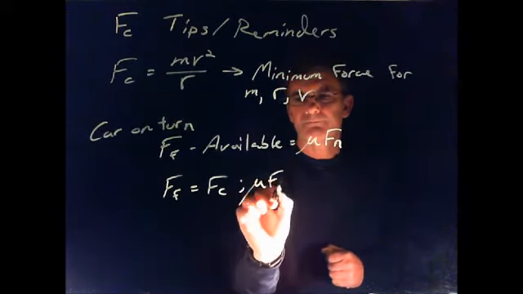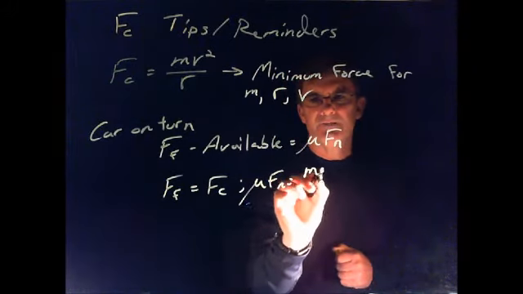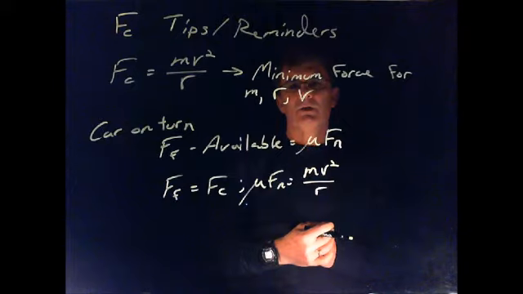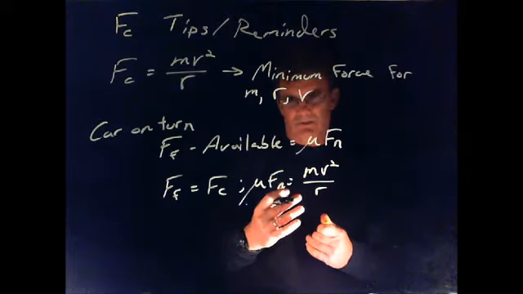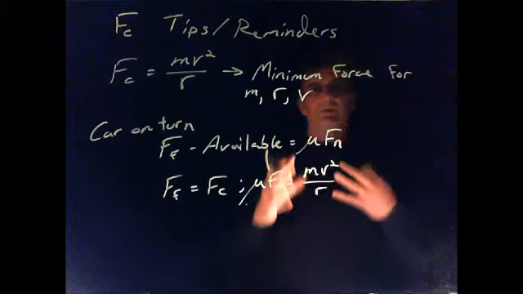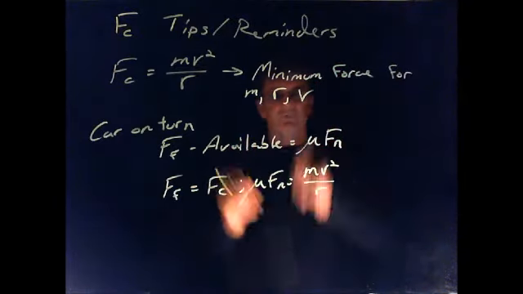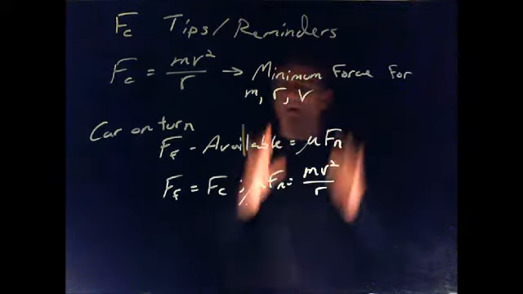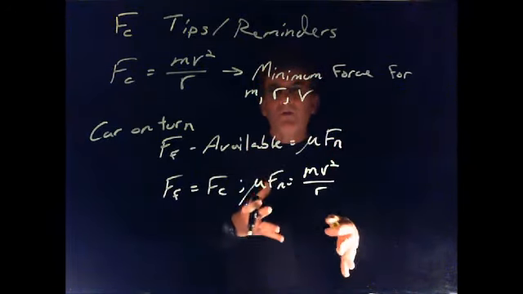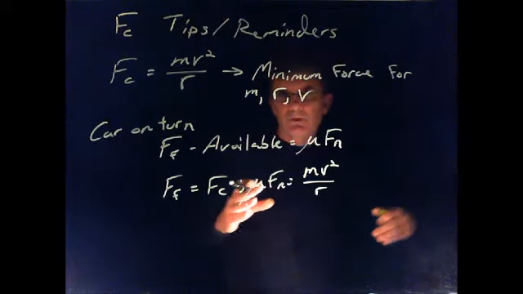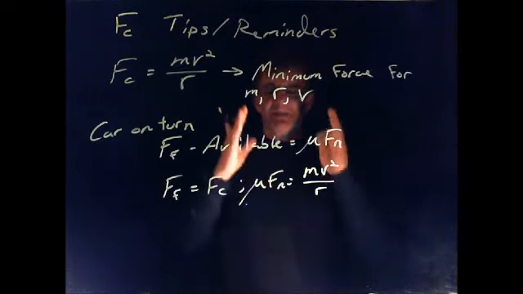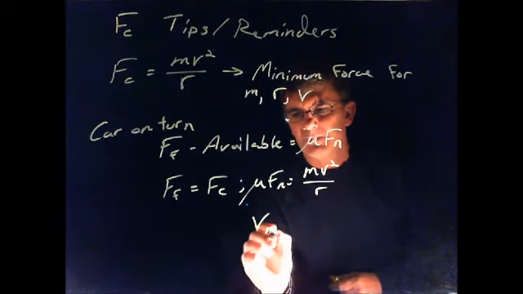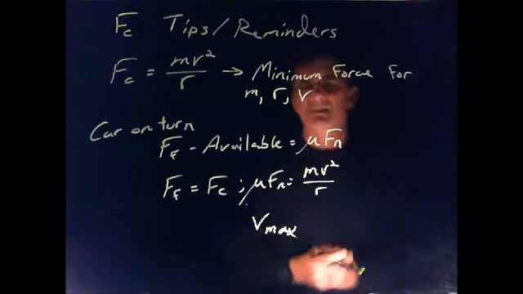Mu Fn is equal to mv squared over r. So what this gives us is, and we solve this, and we're going to see masses cancel out. What this tells us is that all the frictional force, all the available force, goes into turning the car. If all the available force went into turning the car, we can get the maximum velocity to safely make that turn.